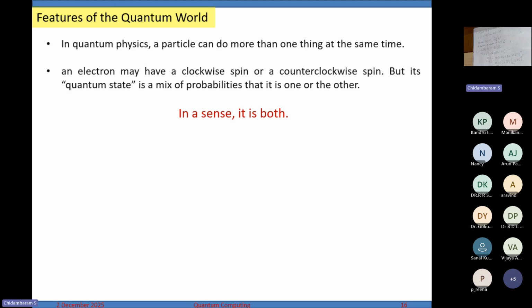The no-cloning theorem says there is no operator U that gives you this, and hence there is no way that you can copy. I hope you are able to follow. The first one: we said you have an operator, then for 0 theta you should get 0 0, and for 1 theta you should get 1 1.